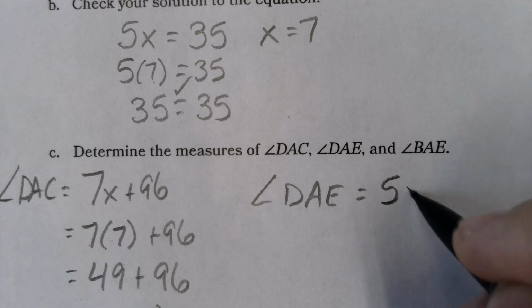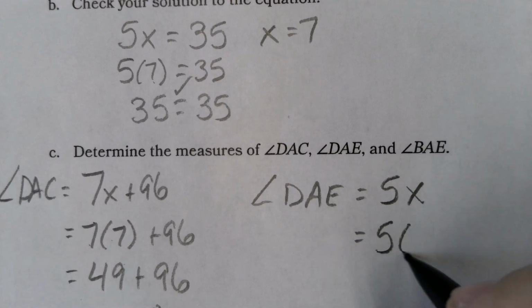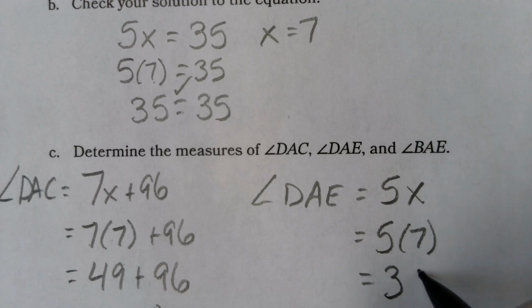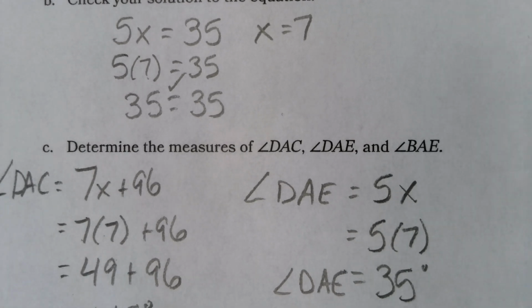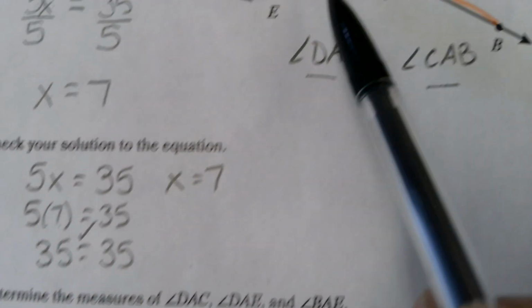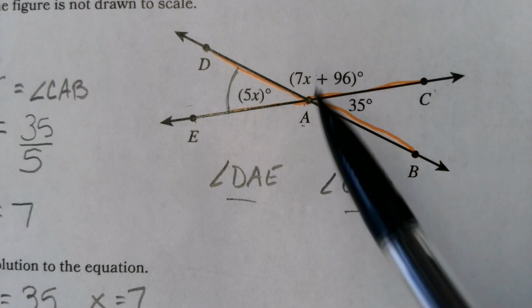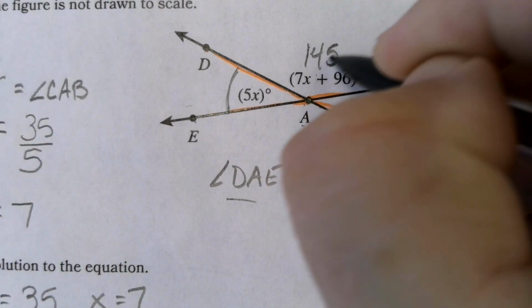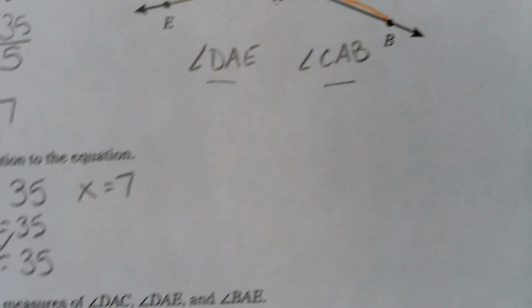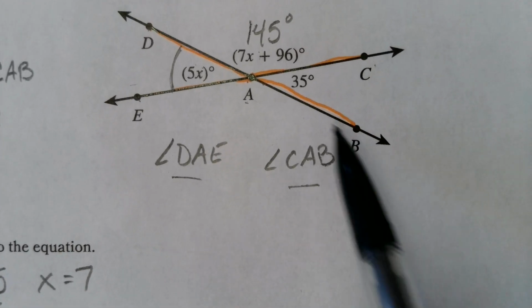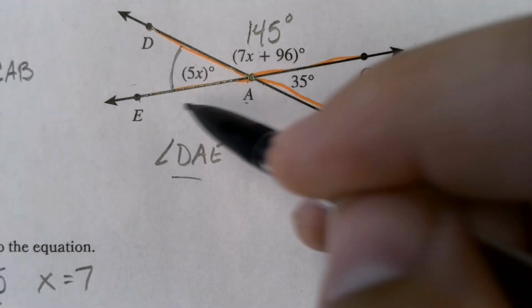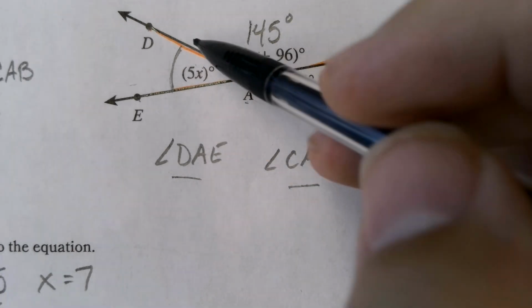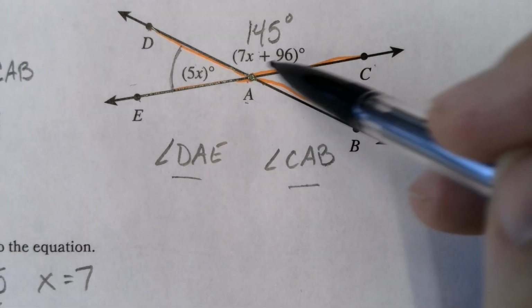is 5x. And we're going to replace that x with our solution, which gives us 35 degrees. Well, if we know that DAC is 145, we can also say that BAE is 145 as well, because DAC and BAE are vertical angles.